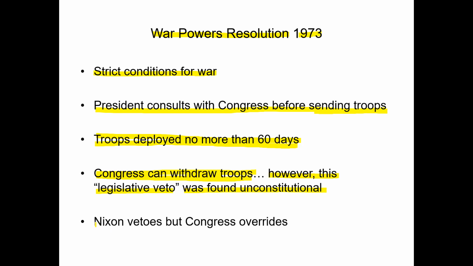Nixon vetoed that, as most presidents probably would, because that would be taking away some potential power. Congress did override that. However, as I've said with these points just made, this War Powers Resolution has been virtually ineffective.